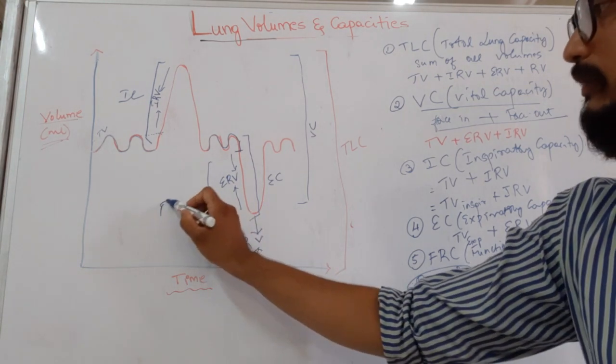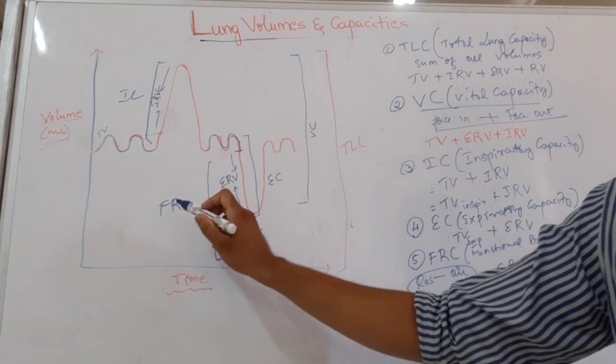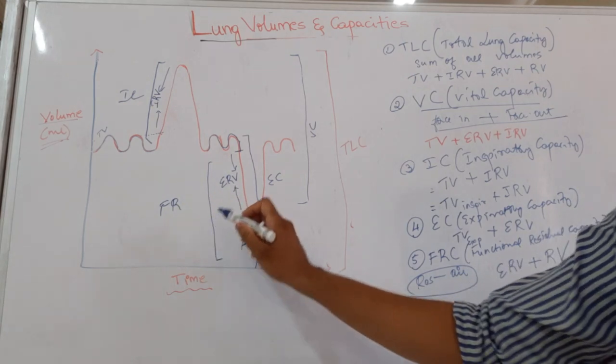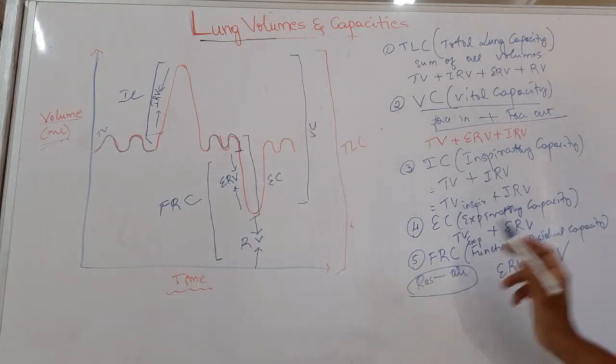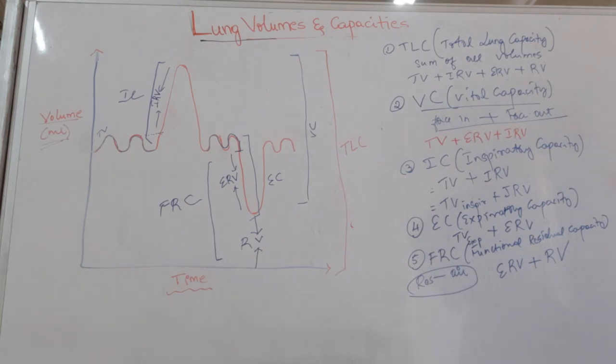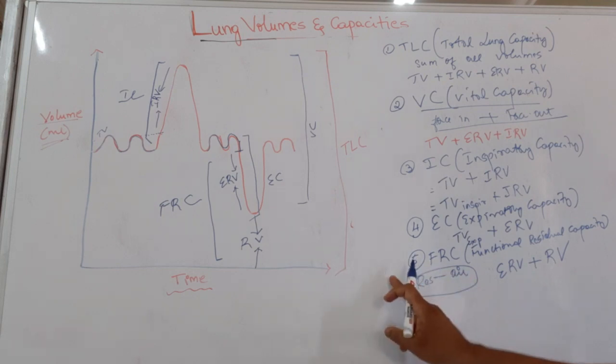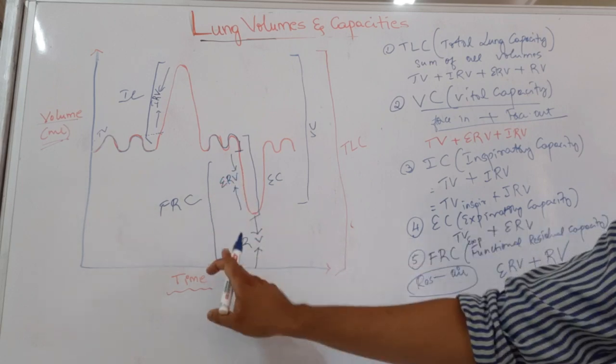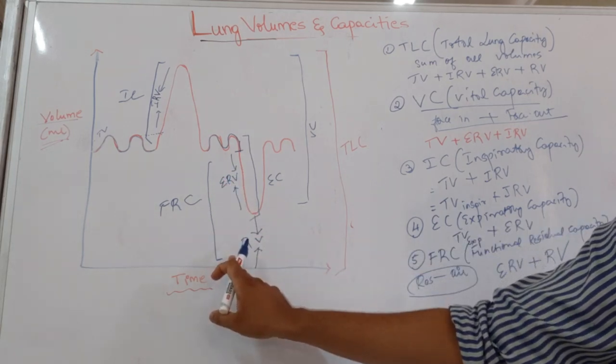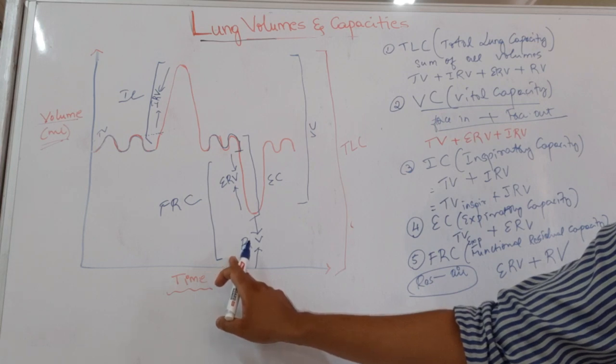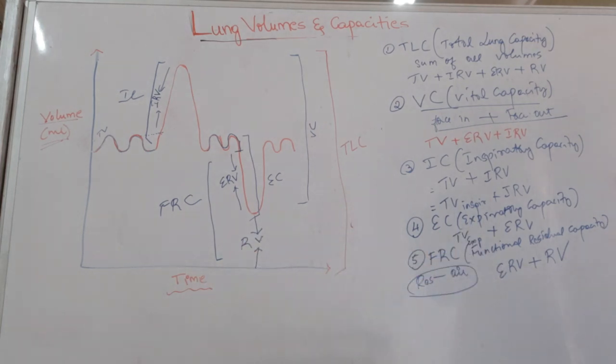Again, functional residual capacity is the amount of air in the lungs after normal quiet breathing, equal to expiratory reserve volume and the residual volume. It is a reservoir for the air present inside the lungs.